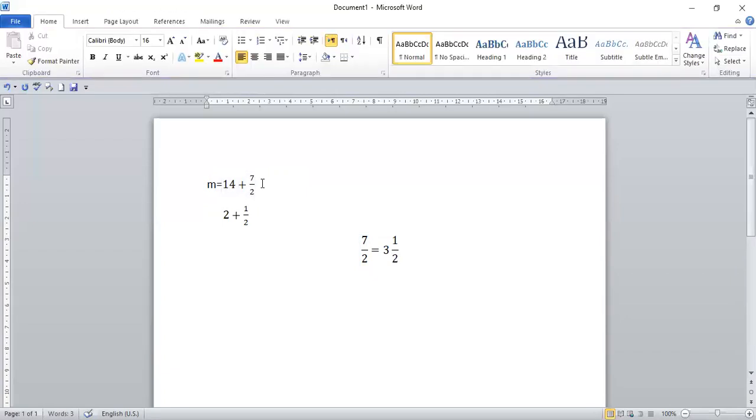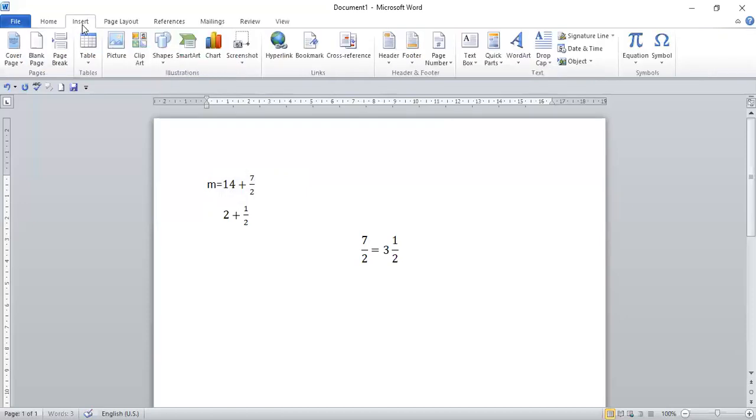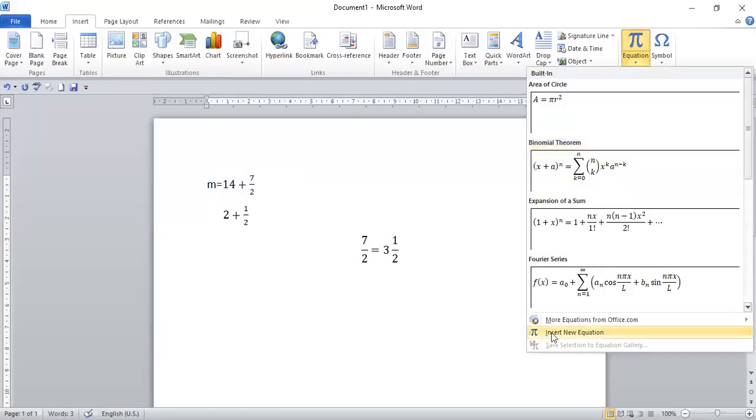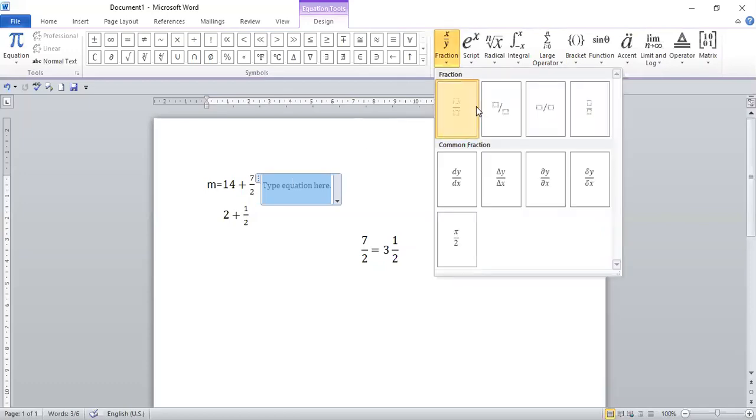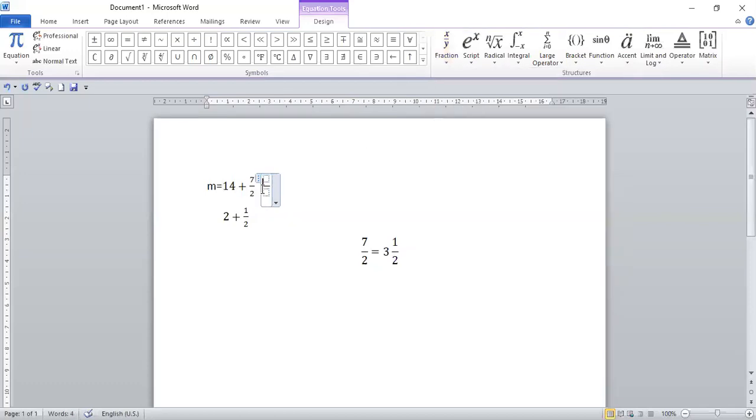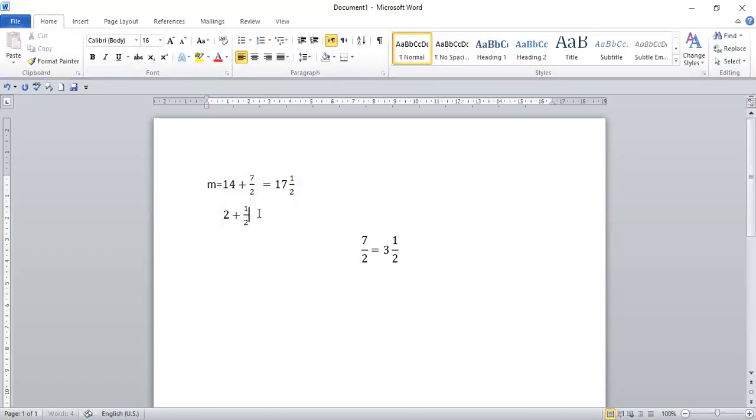So 14 plus 3.5 is going to give you how much? That's going to give you 14 plus 3 is 17. 17 plus half is going to give you 17.5. So 14 plus 3 and a half is going to give you 17.5.